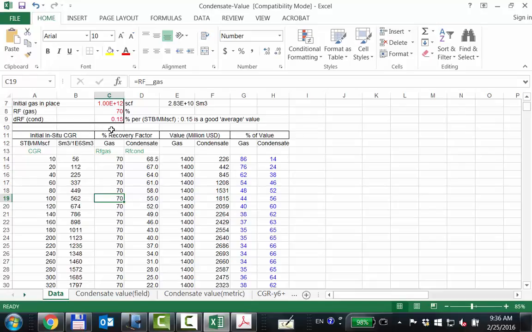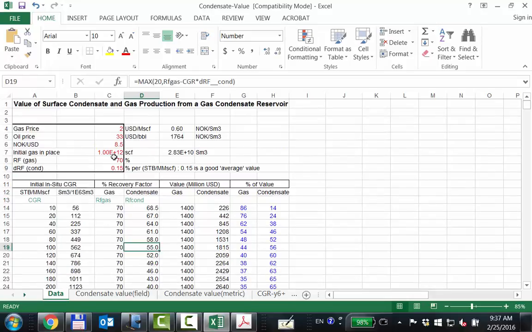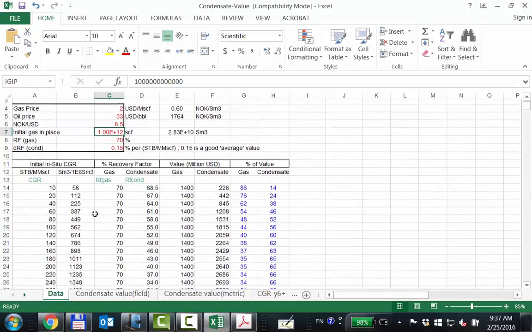This is kind of an empirical number, this 0.15, but basically what this allows you to calculate is you've got the recovery percentage, you've got the initial gas in place somewhere here, and the initial condensate in place must be somewhere here.